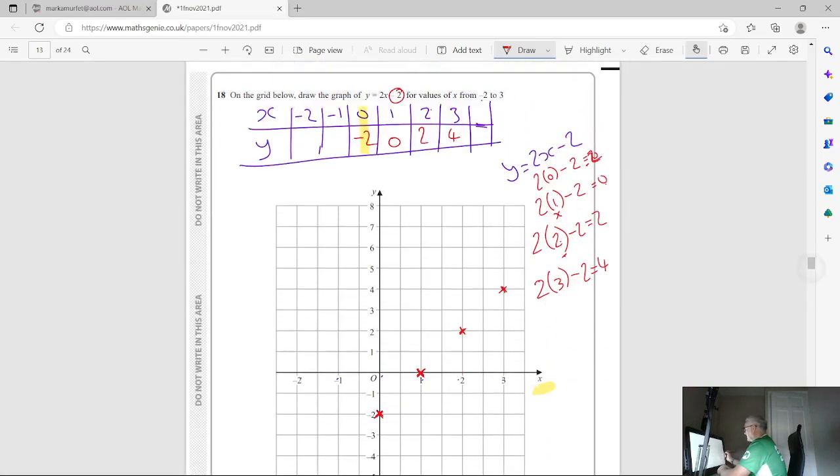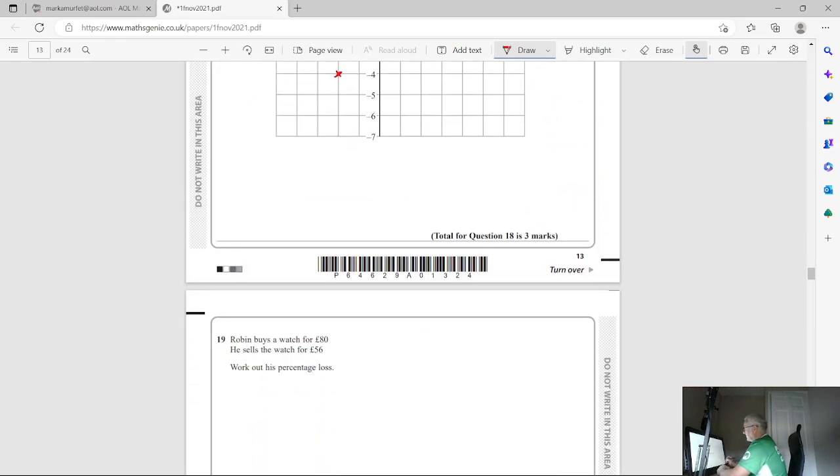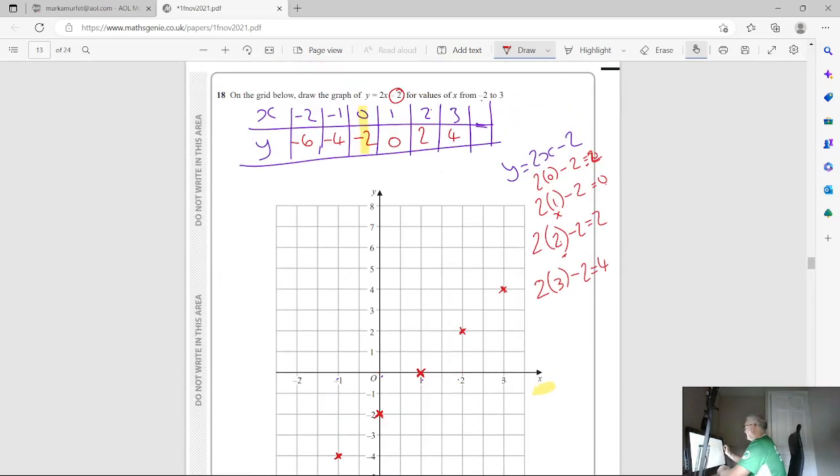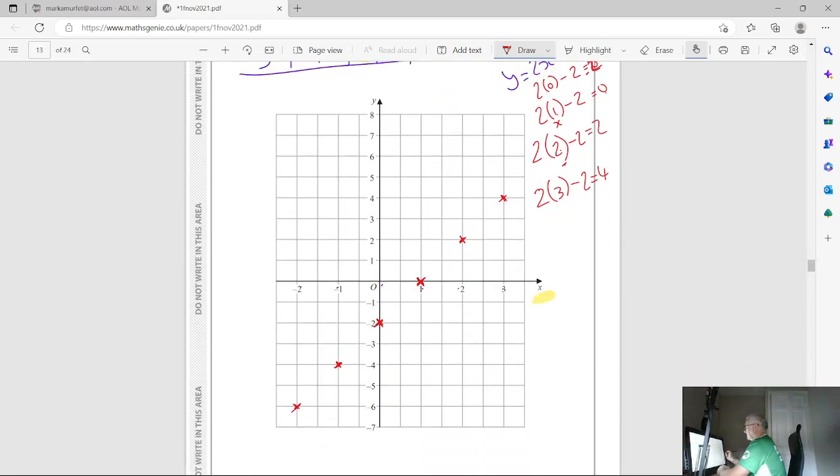Okay, so we can see here 4, 2, 0, -2. We're going down by 2 each time to go backwards. So it's going to be -1, -4, and -2, -6. And that would be my values. Just trying to get this on here.